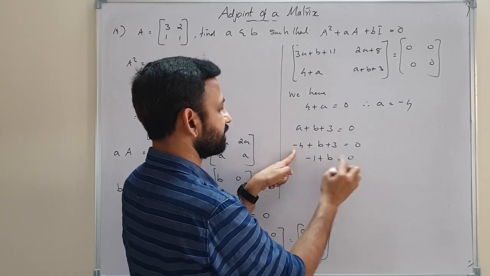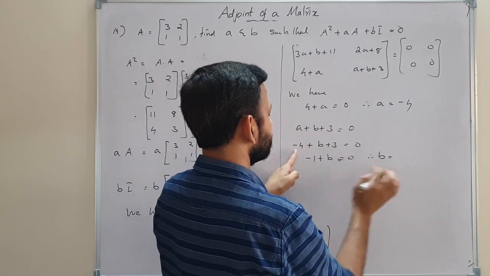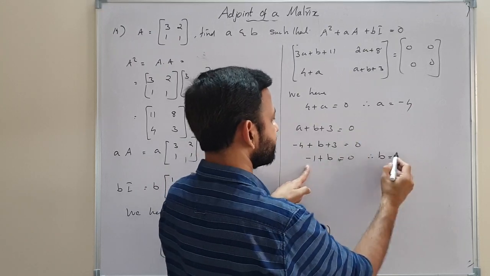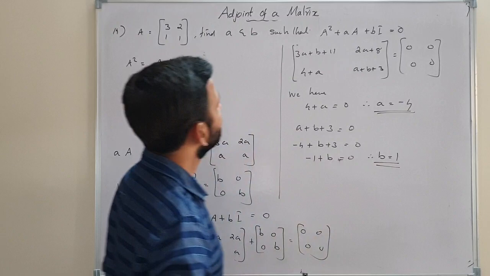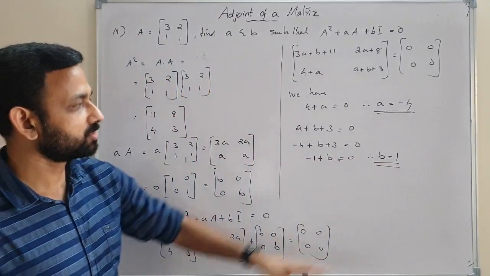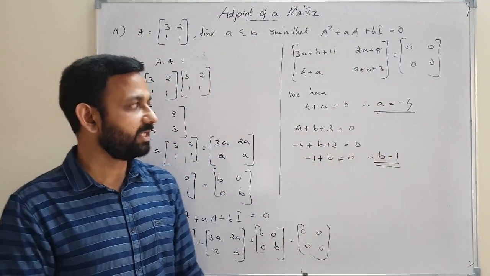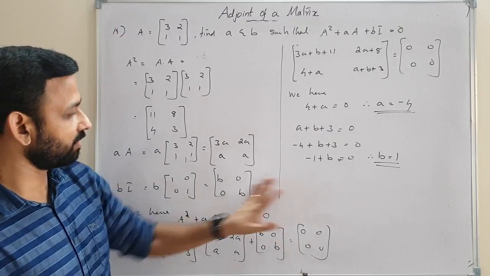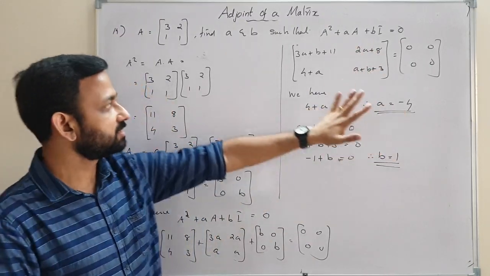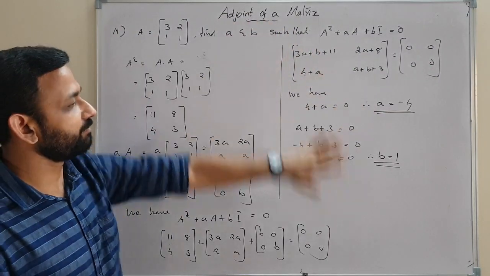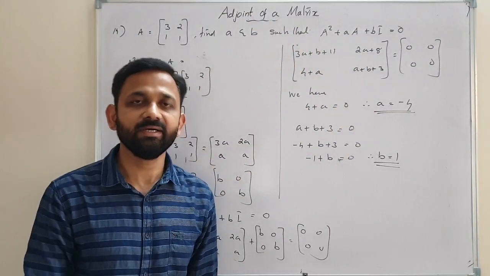Therefore B equal to 1. So we got A is equal to minus 4 and B equal to 1. The calculation part you will verify. So this way we can find the values of A and B.